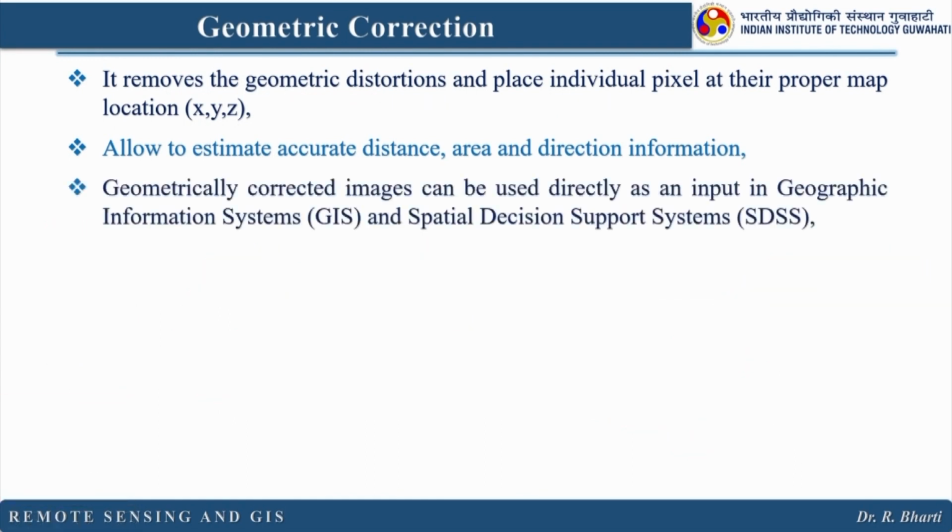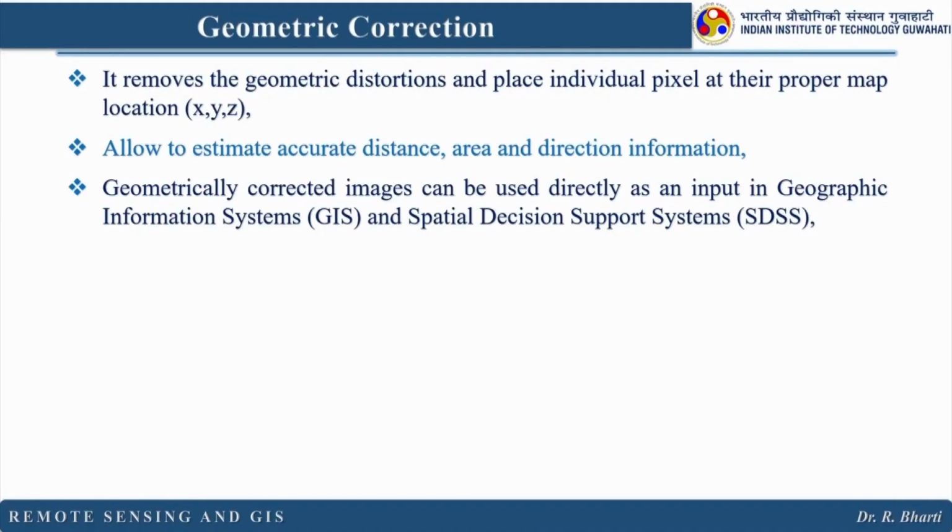Now, the third point is that a geometrically corrected image can be used directly as an input in a geographic information system and spatial decision support system. What does it mean? From a satellite you have derived an image, and from the image you have derived some information, like what is the area of forest, what is the area of this particular river, how much water is there, or what is the length of this river.